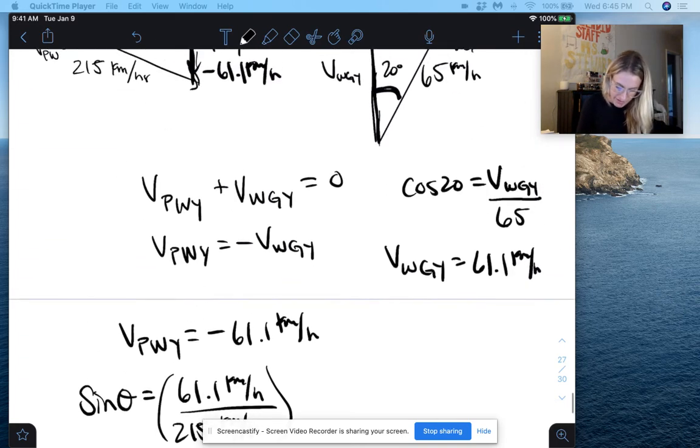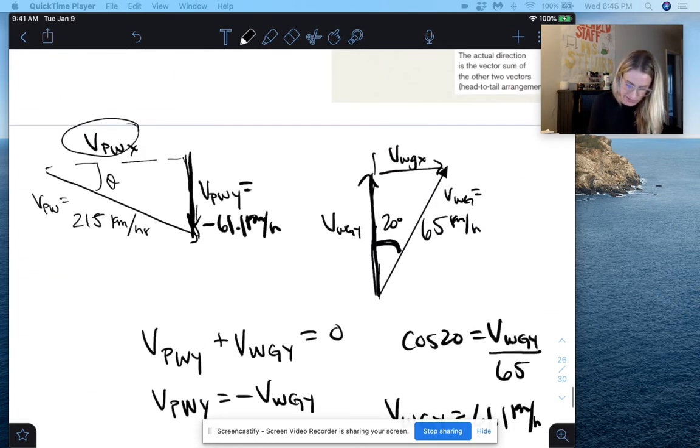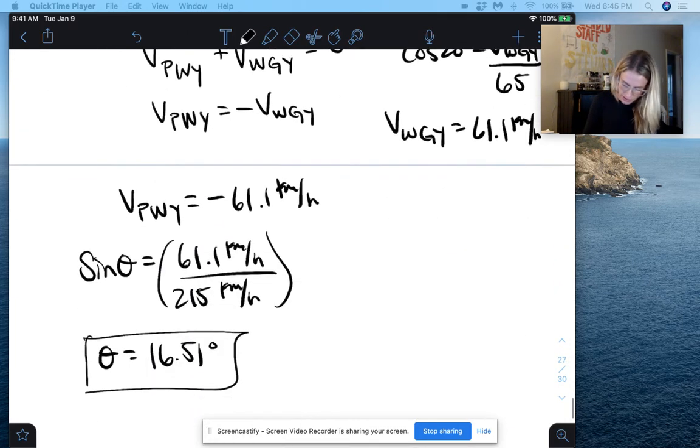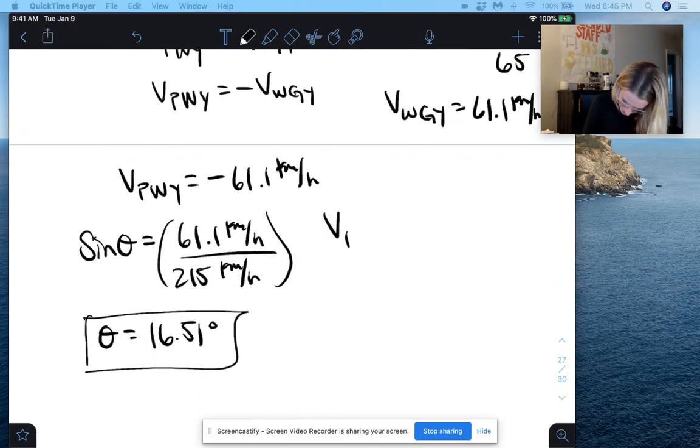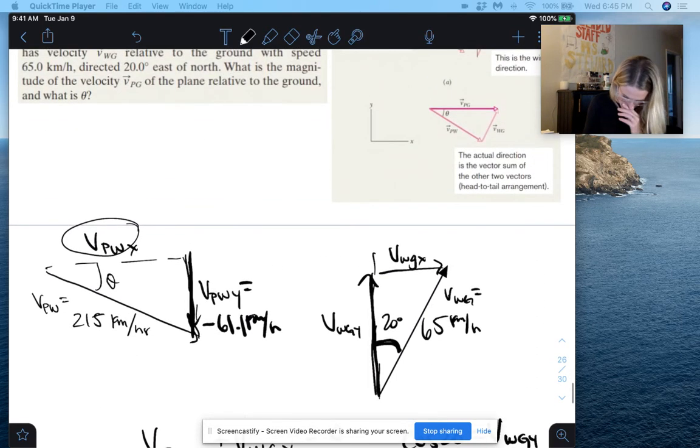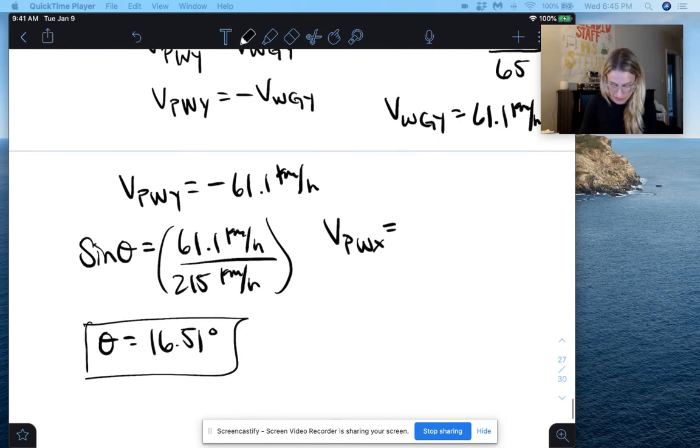And now that I have the angle, I can find the velocity of the plane relative to the wind in the x direction. So that will be 215, the velocity of the plane relative to the wind, times the cosine of the angle that I just found.